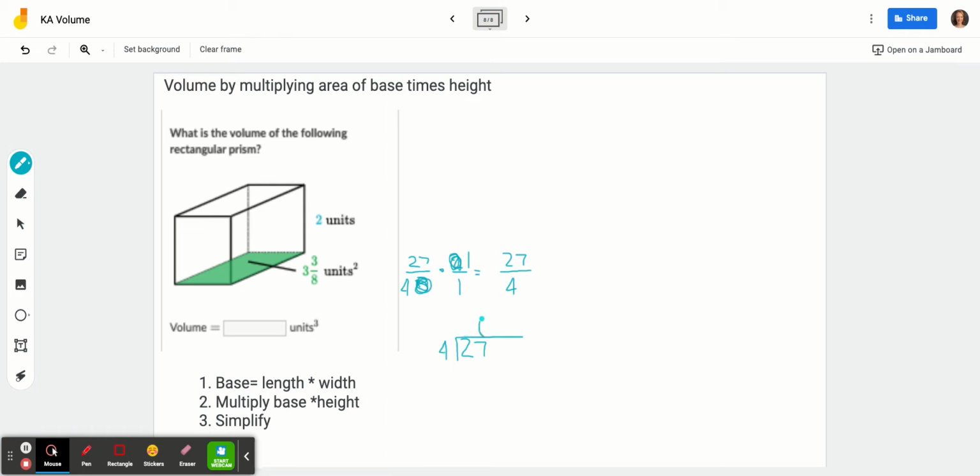That will be 6. 6 times 4 is 24. 3 left, so we have 6 and 3/4 units cubed.